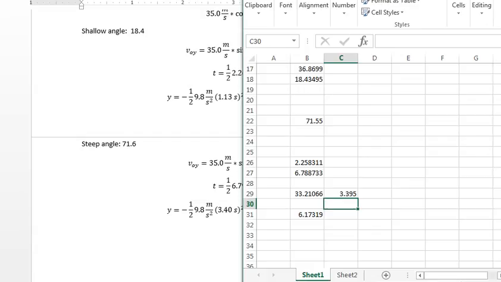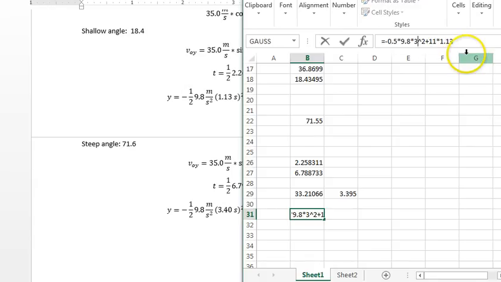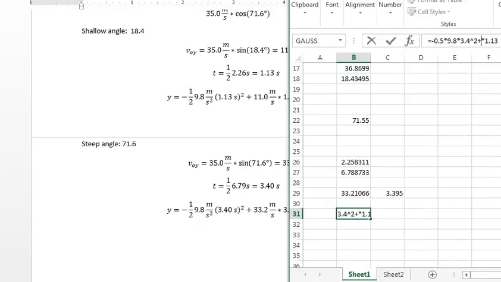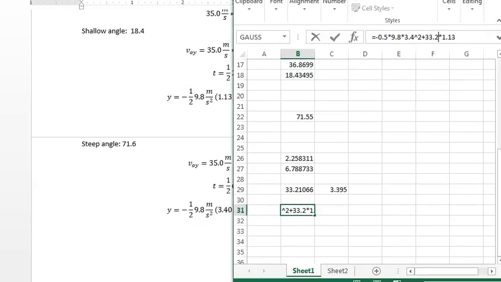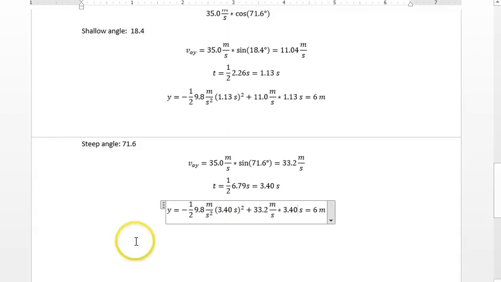And what are we going to get for our height? We'll get a height of 56.2 meters.